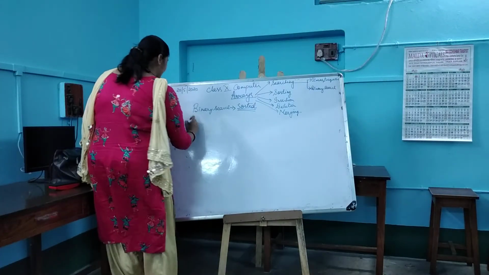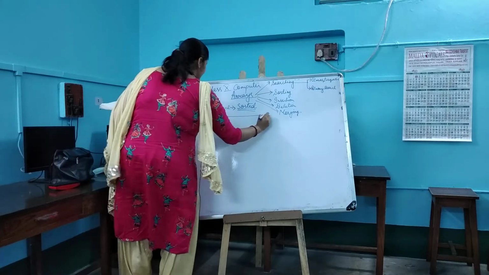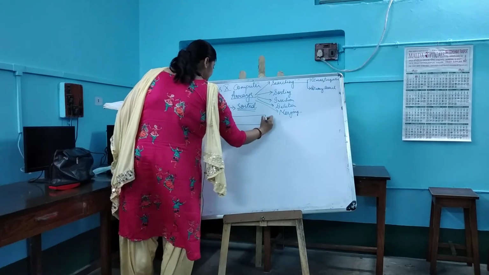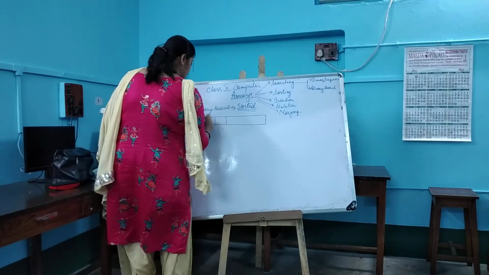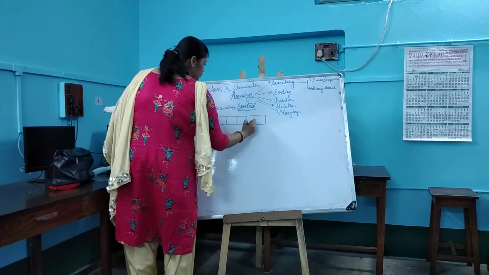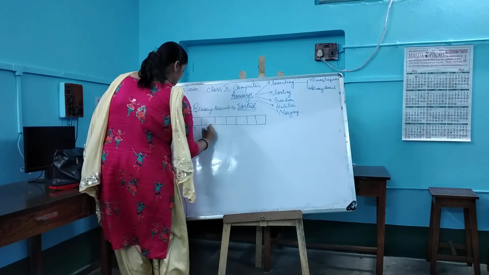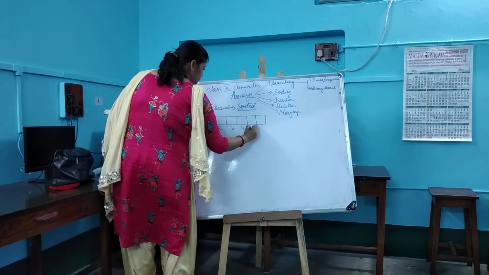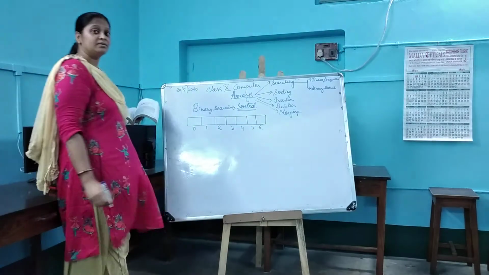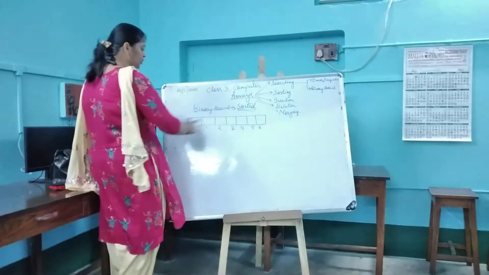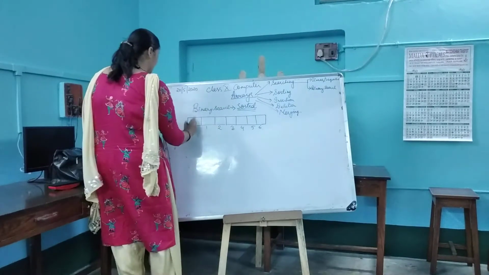Now, say for example, this is our list of elements. Say our array size is 7 and we are going to store 7 elements over here.